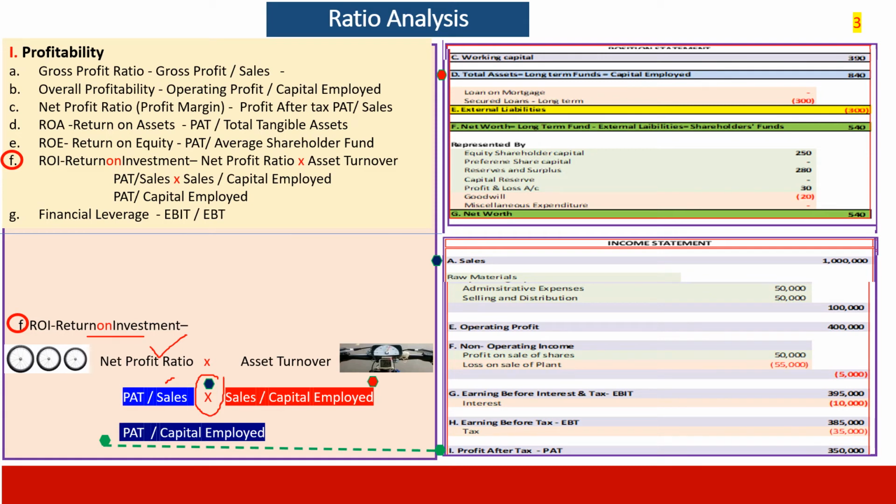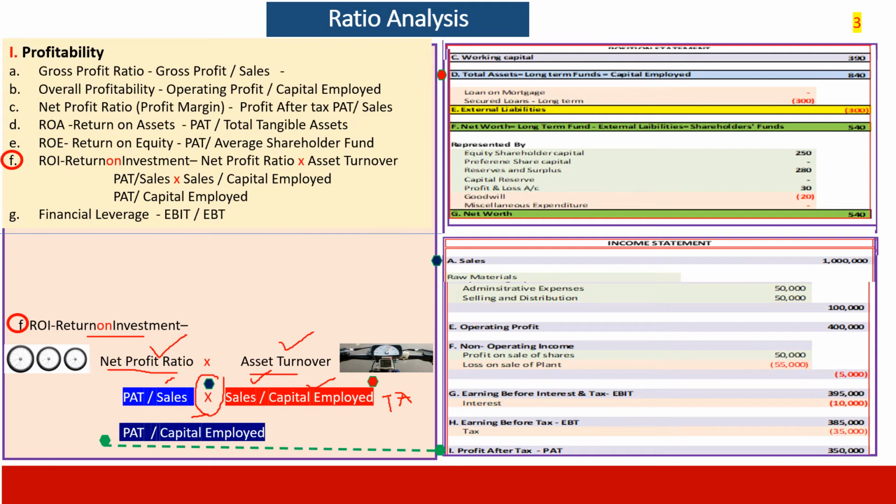Second, it is sales divided by capital employed. Capital employed is also known as tangible assets. When sales is divided by tangible assets, it gives asset turnover. When you take both these together, it is nothing but net profit ratio into asset turnover.